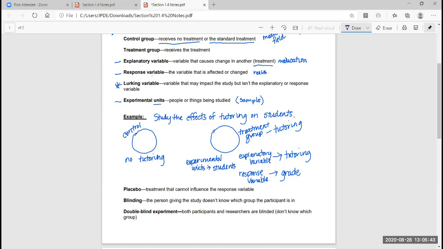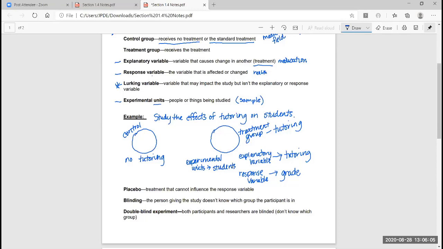And oftentimes the experimental units are people, but if you were checking the accuracy of a thermometer or something like that, then the thermometers that you were measuring would be your experimental units.